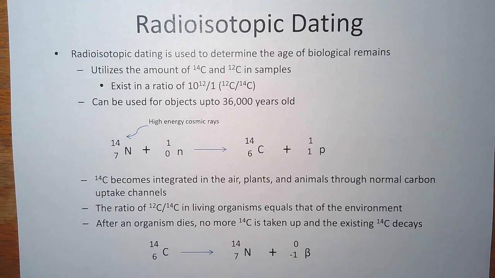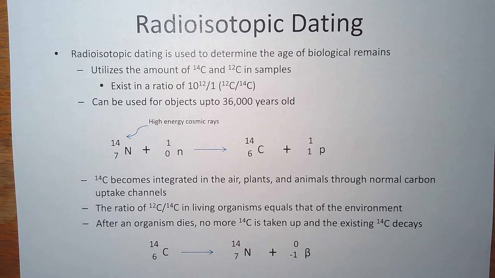But when an organism dies, it no longer is taking in carbon-14. So all the carbon-14 levels just simply decay at the predictable rate based on half-life. So we can compare how much carbon-14 is in a living species compared to biological remains to figure out how many half-lives that carbon-14 has been through in the remains.